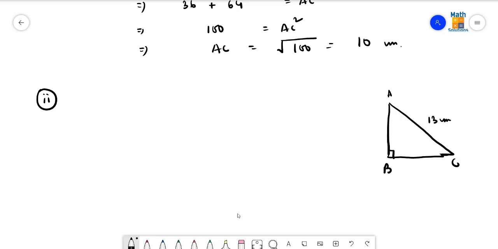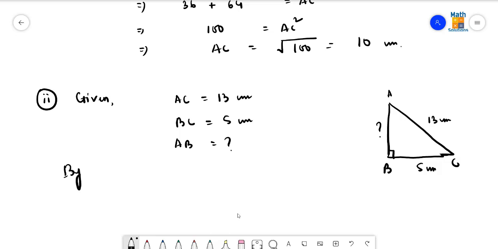Then BC as 5 cm. We need to find out AB. So let's write, given AC is equal to 13 centimeter. Then BC is equal to 5 cm. So AB equals question mark.